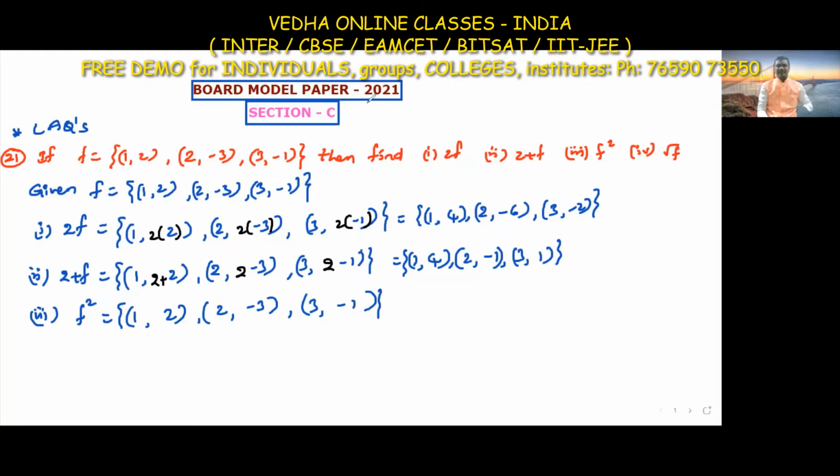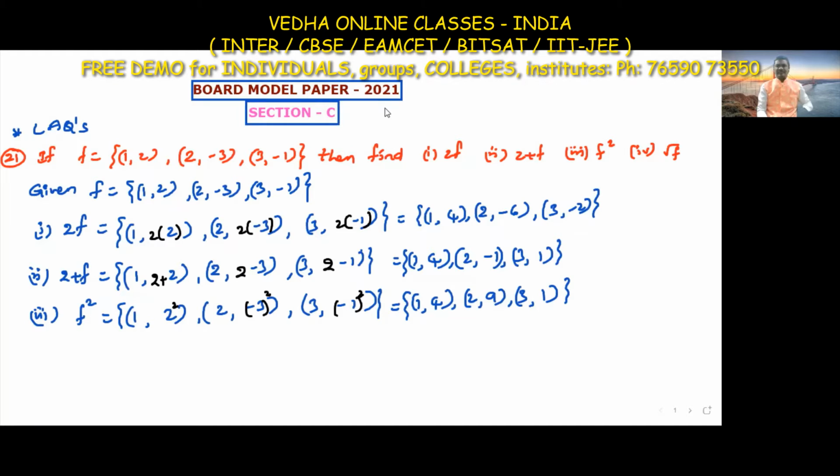The operation is square, applied on the second number. Square the second number. Now this equals (1, 4), since 2 squared is 4, then (2, 9), since (-3) squared is 9, and (3, 1), since (-1) squared is 1. This is the required f squared value.